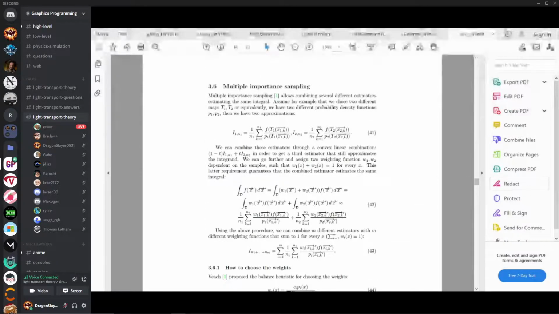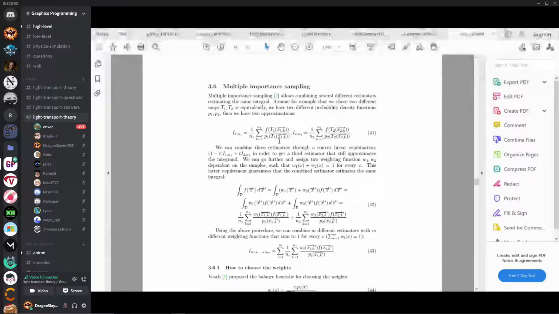Okay, so are there questions before I continue with multiple importance sampling? I guess not. So what is multiple importance sampling about? Say that you picked one transformation T1, and then you picked another transformation T2 for your integral, which was something like this.